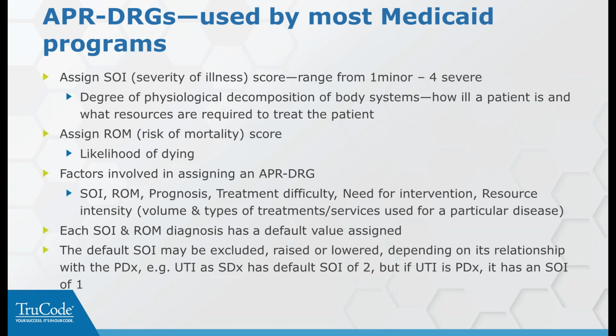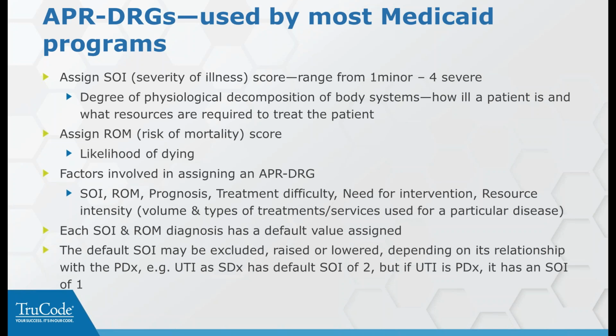Each SOI and ROM score has a default value assigned. However, that can be raised or lowered or excluded depending on its relationship to other conditions that that patient might have. For example, if a patient has UTI as a secondary diagnosis, the default SOI for that is a 2.